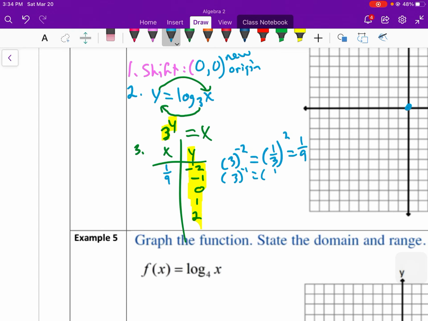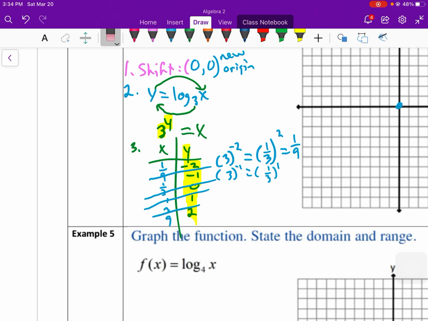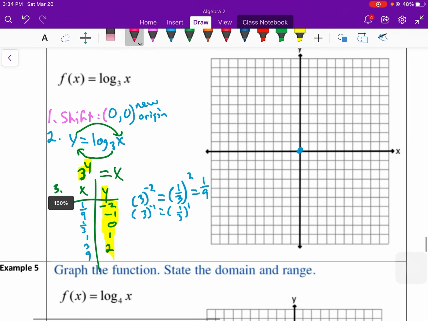This is 3 to the power of -1, which is 1/3 to the first. So this is 1/3. I should be clear, this is kind of where we're at. My lines aren't really straight. This is 1, this is 3, and this is 9. Those lines look just terrible. I'm just going to leave it.